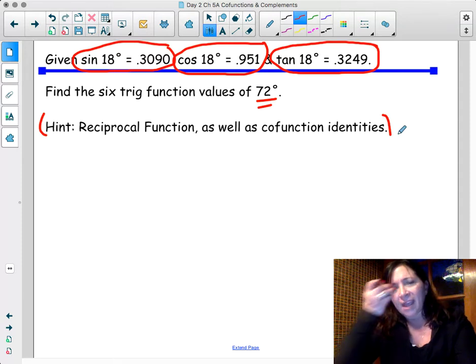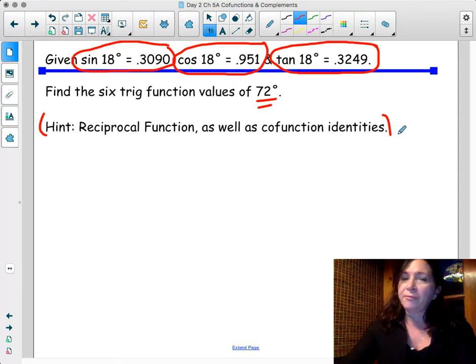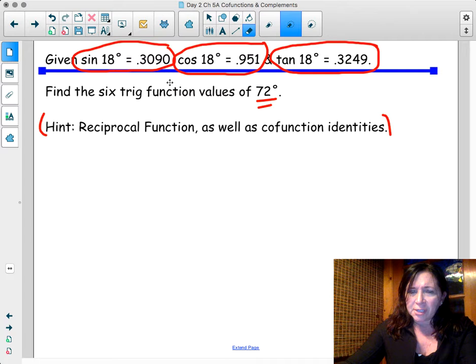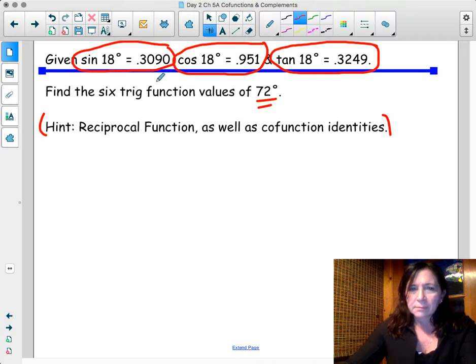So pause the video for a moment and try to write down the ones that you know. You're trying to find the 6 trig functions of 72 degrees.